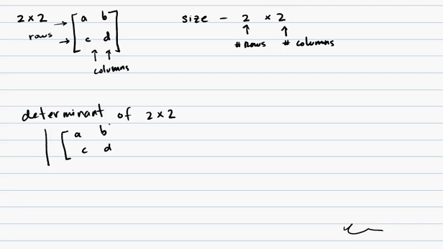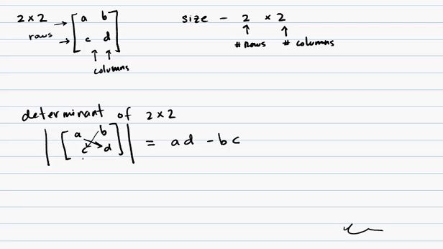And suppose that I have the determinant then of this matrix, A, B, C, D. For a 2 by 2, this is always going to be AD minus BC, meaning you're going to multiply in what is called the diagonal in this direction, and then subtract the multiplication of going in this direction, from the top second column to the bottom.